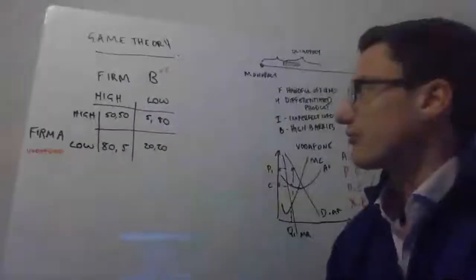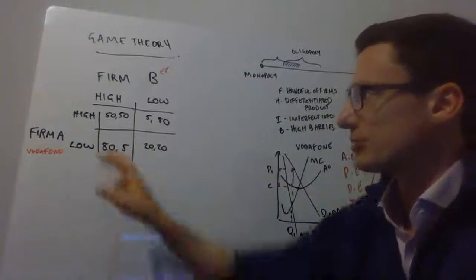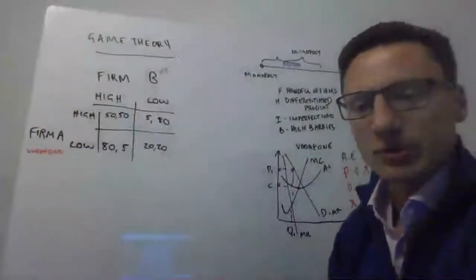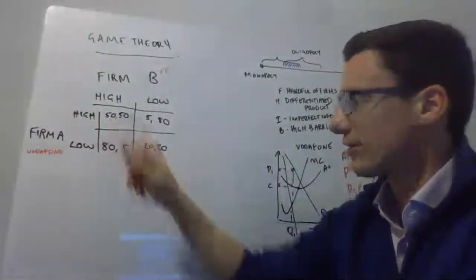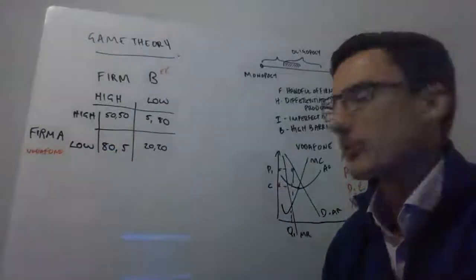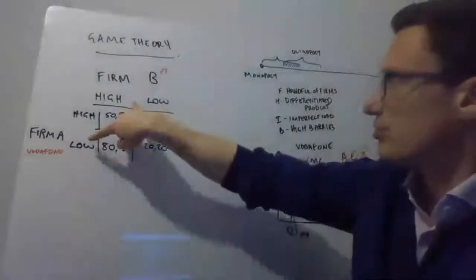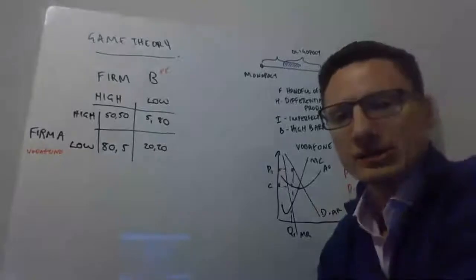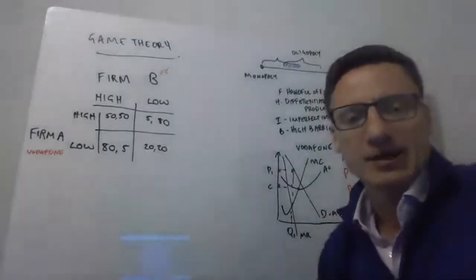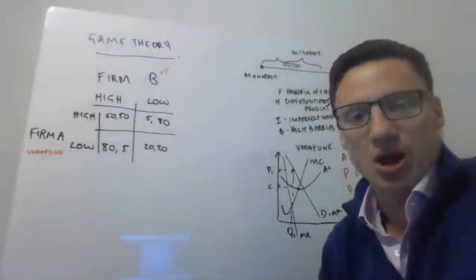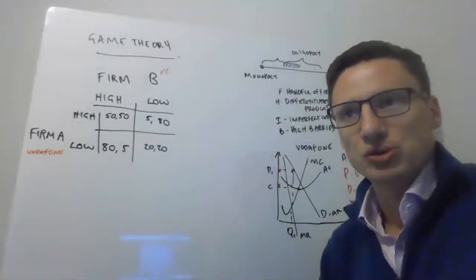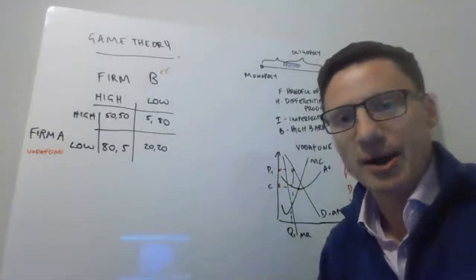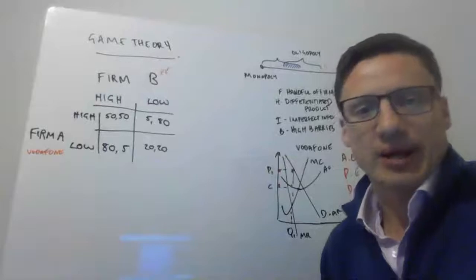So for example, if both firms set high prices, then they're going to both make 50 million and 50 million. On the other hand, if they both set low prices, they'll both make 20 million. And that's because neither of them are going to get a competitive edge. Neither of them have undercut their competitor. So they've both still got an equal market share, but because they're lower prices, they make less revenue.